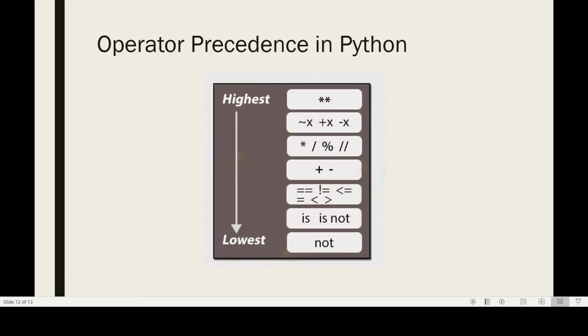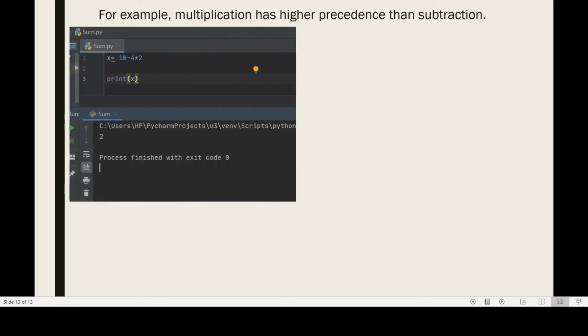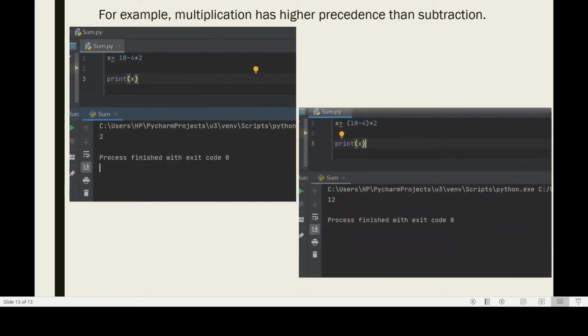The first thing that should be solved is star, then assignments, then multiply, divide, which are the mathematical operators, then you have plus minus, then you have relational operators, then you have is or is not, and then you have not at the last. For example, multiplication has higher precedence than subtraction.